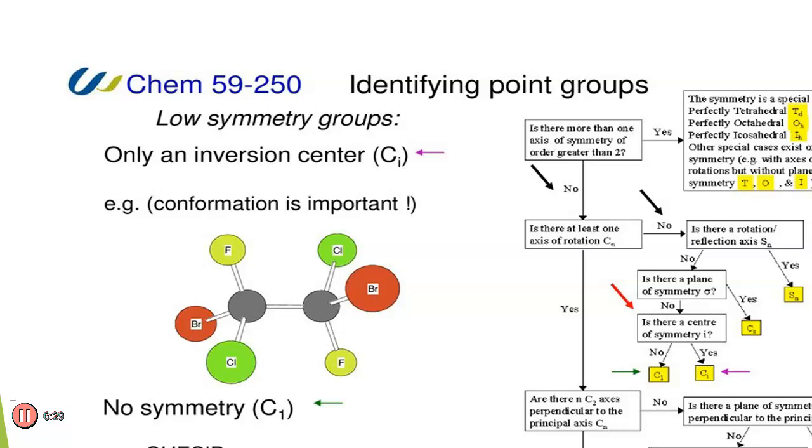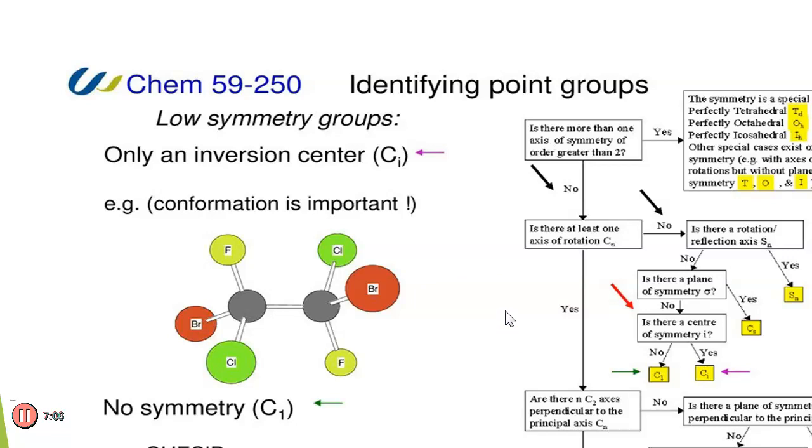And if it does not contain such axes, then check whether there is a plane of symmetry sigma perpendicular to the principal axis, the sigma h plane, that is, the horizontal plane. If it contains such a horizontal plane, then the point group will be Cnh. If it does not, then check whether there are n planes of symmetry parallel to the principal axis.